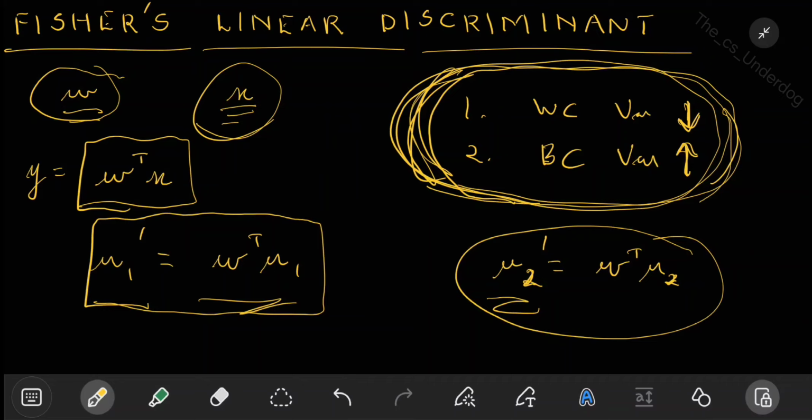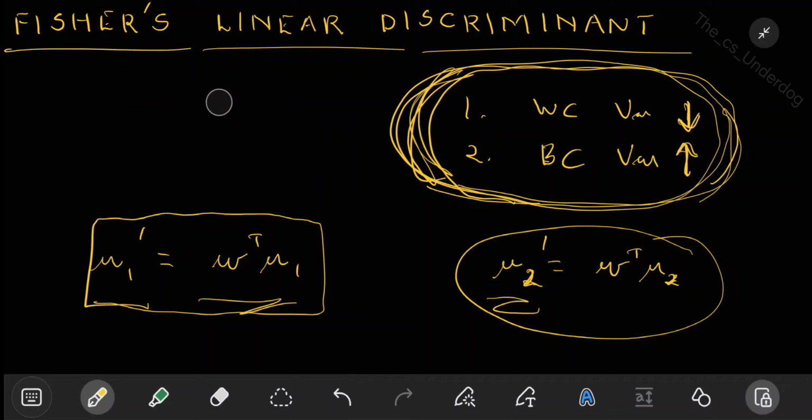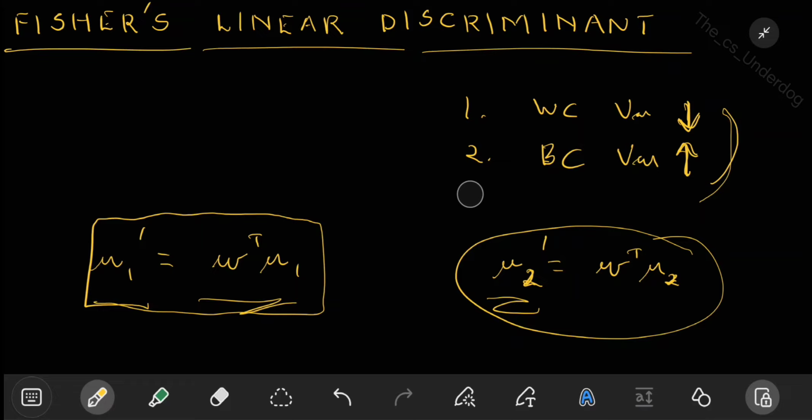The next thing is, previously we found the between class variance and the within class variance. The same between class and within class variance you have to find after projection. Previously we found SW and SB. SB was the between class variance and SW was the within class variance. We did S1 plus S2 and found SW, but this SW was for the original points.